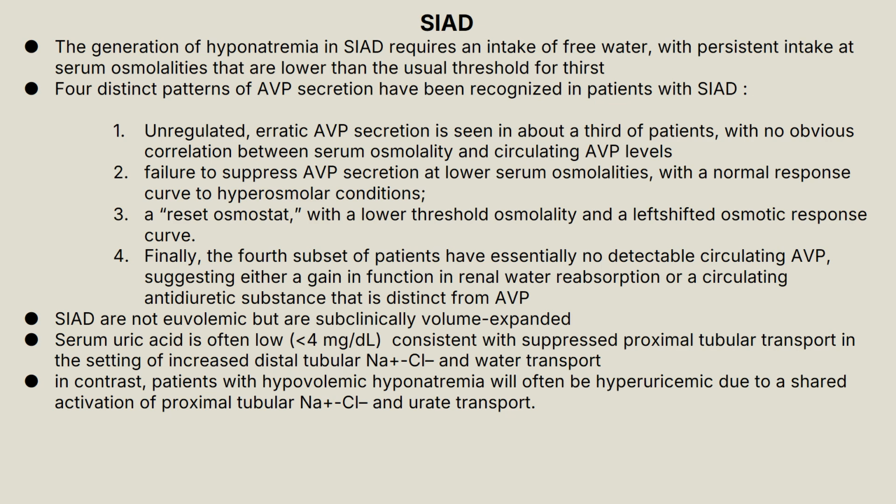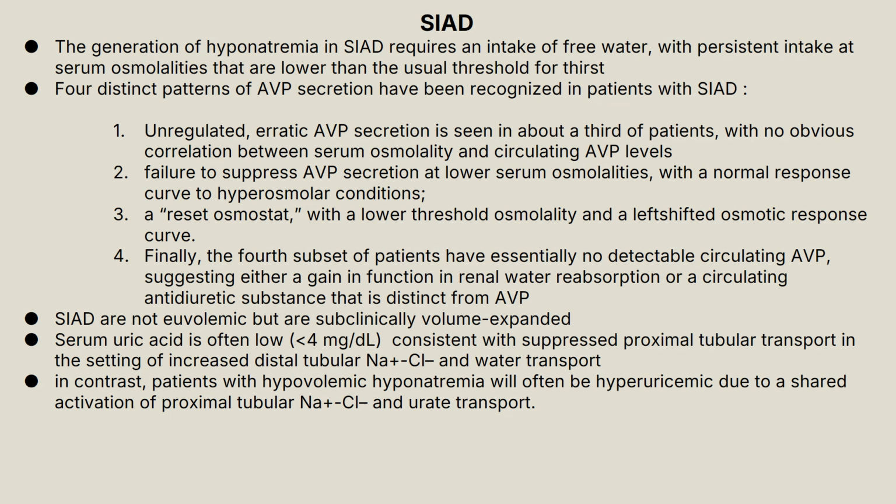And finally, the fourth is the absence of circulating AVP, suggesting either a gain of function or an abnormal AVP secreted from another cell, not the hypothalamus, the magnocellular cells, or the neurohypophysis. SIAD patients are not euvolemic but are subclinically volume expanded.